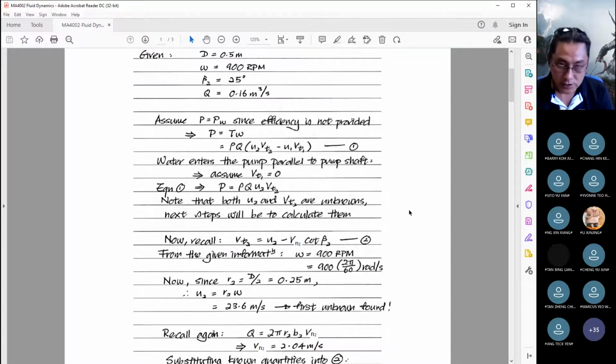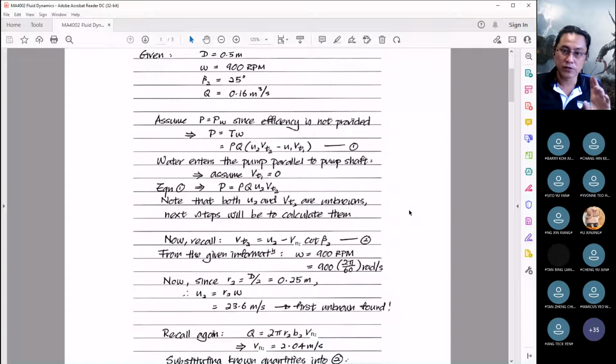So to find the shaft power, we just need to know the density of the fluid, in this case water. I'm quite sure you know the density of water, rho. The flow rate is given as 0.16 meter cube per second. That means we only need to calculate U2 and Vt2 because these are the only unknowns. So long as we're able to get U2 and Vt2, we'll be set.